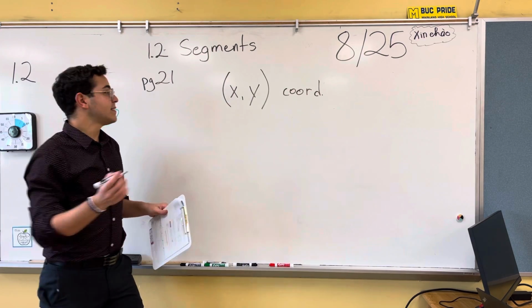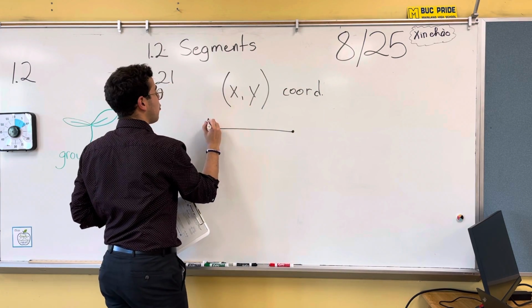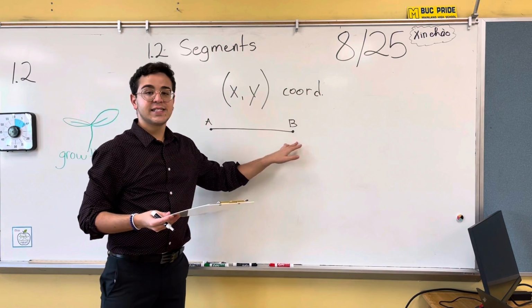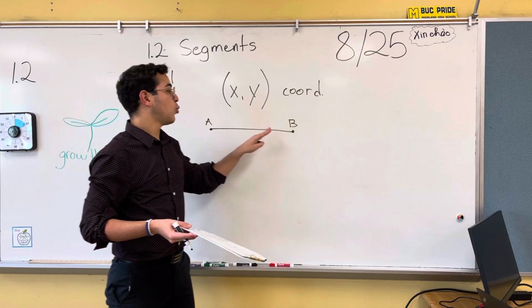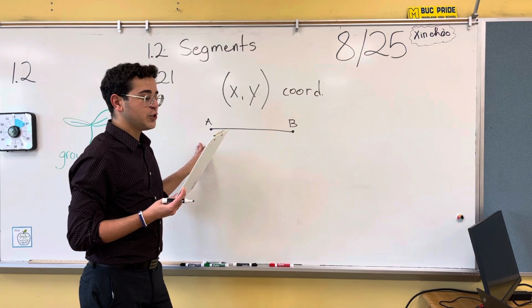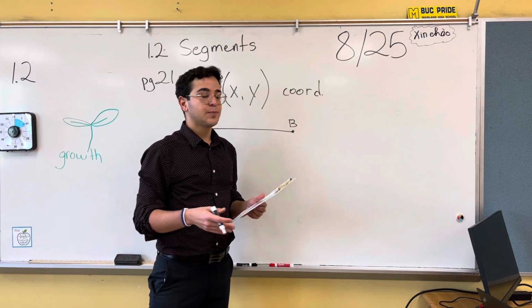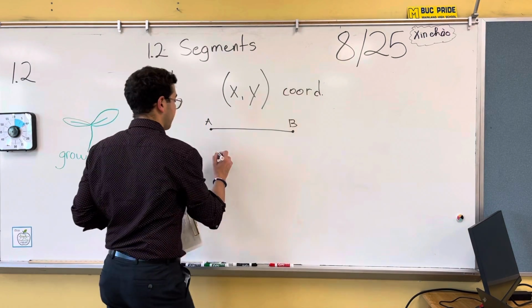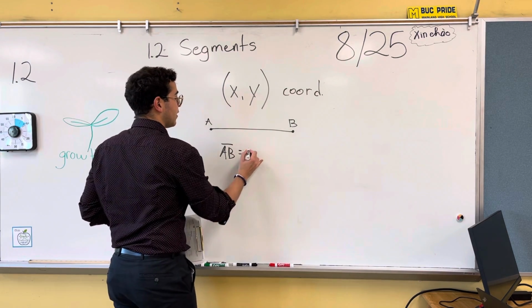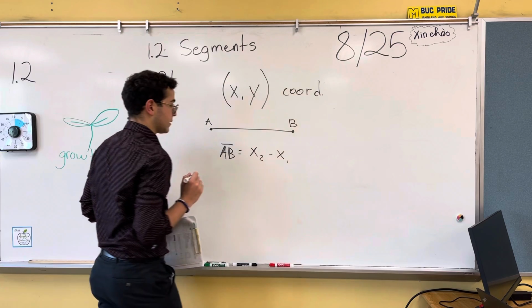And the distance between 2 points is really the distance from coordinate A to coordinate B. Again, the distance between 2 points is the distance between coordinate A and coordinate B. We'll be able to plug in values and use the formula AB line segment is equal to the value of the bigger x minus the value of the smaller x.